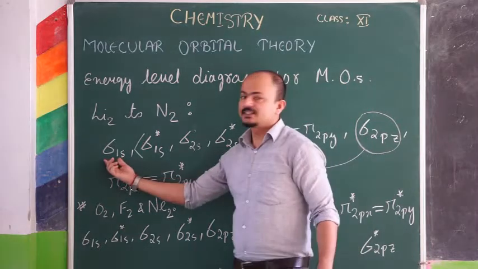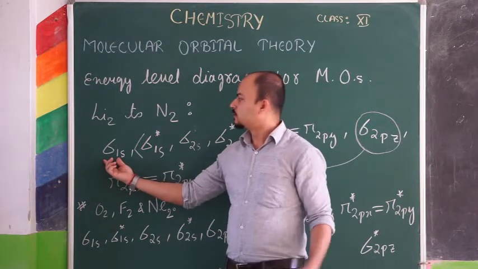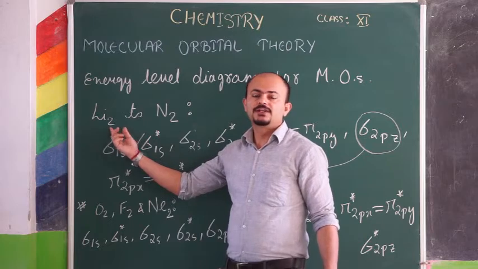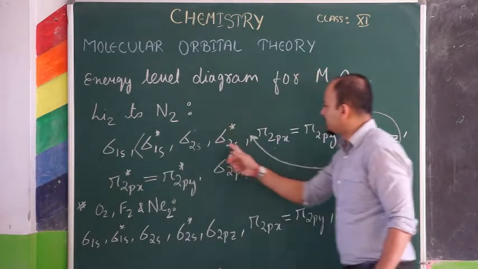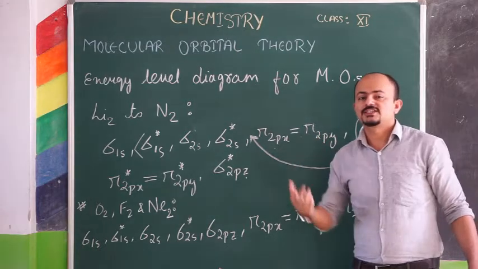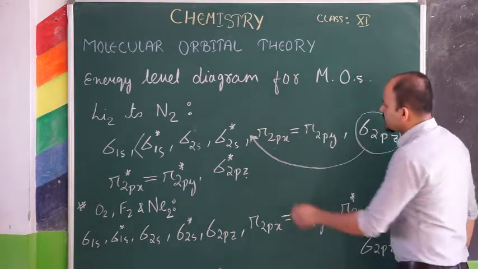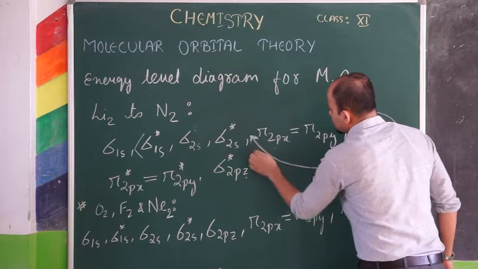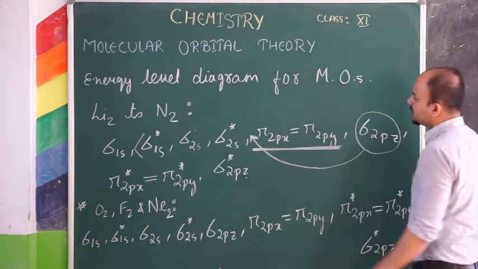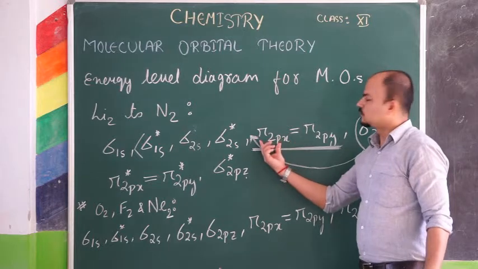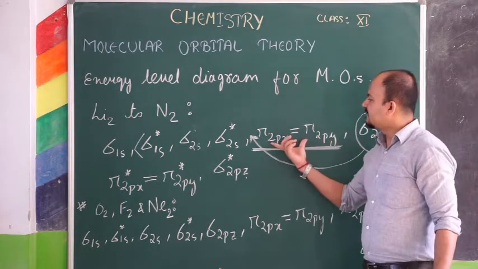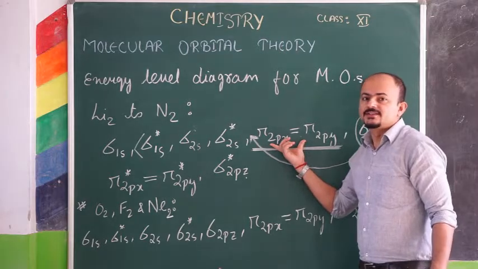Now don't be confused. This is one molecular orbital, and it has a maximum capacity of holding 2 electrons. It cannot accommodate more than 2 electrons. In this example, this is one molecular orbital, this is another molecular orbital, and they have equal energy, equal to sign.